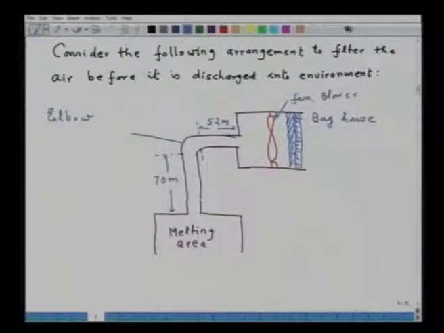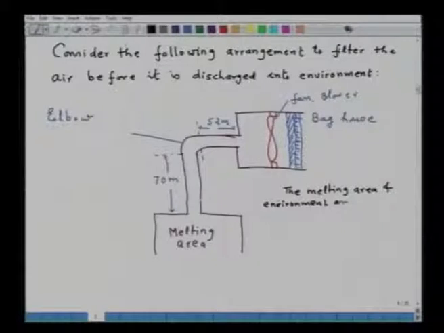Now further it is given that the melting area and environment are at 298 Kelvin and 1.013 into 10 to the power 5 Newton per meter square pressure.